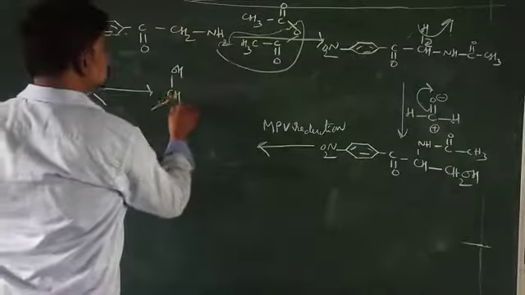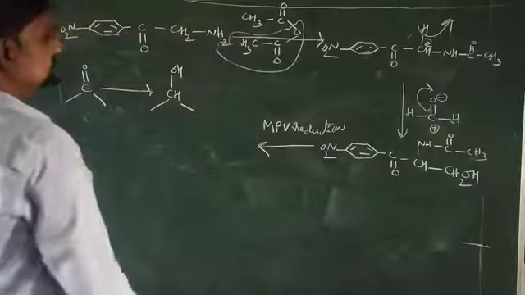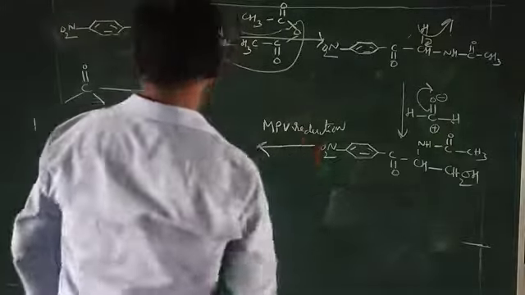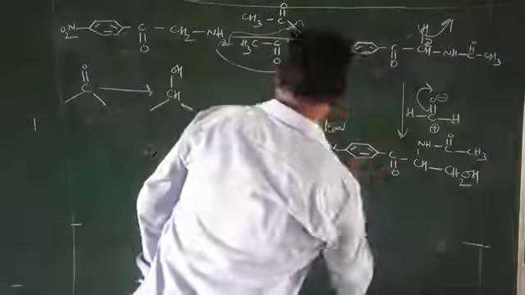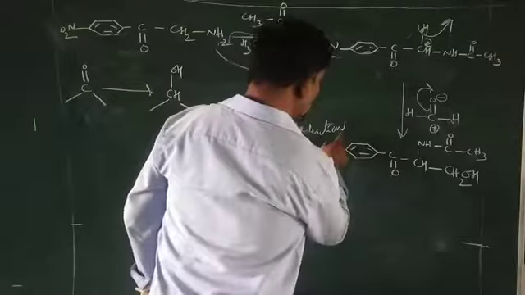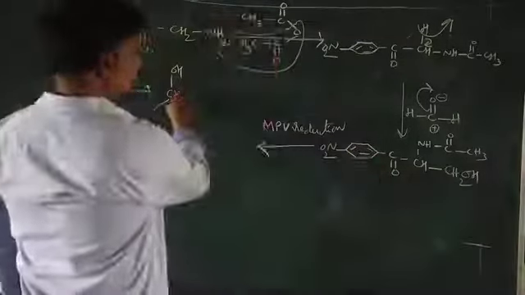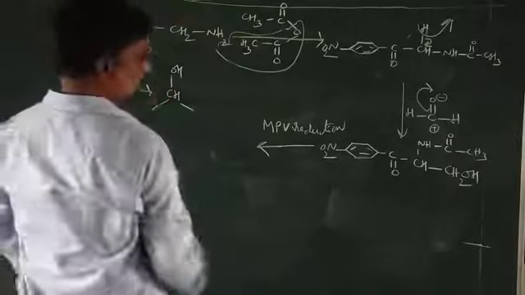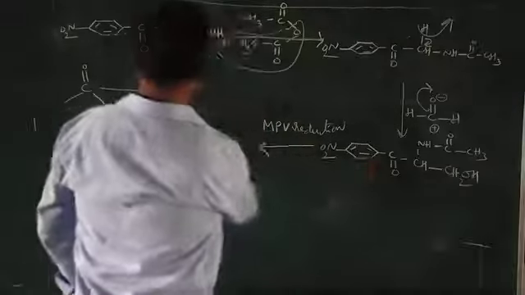This is known as the Meerwein-Ponndorf-Verley reduction reaction. Here the carbonyl group is converted to alcohol.